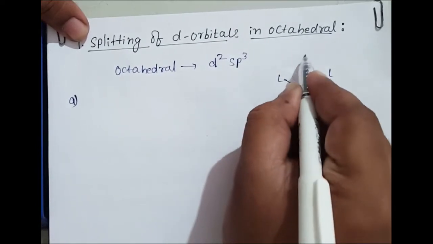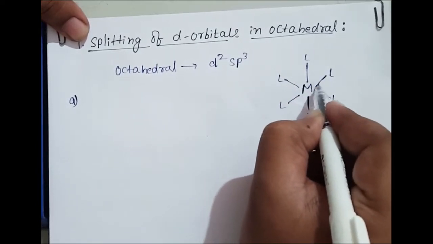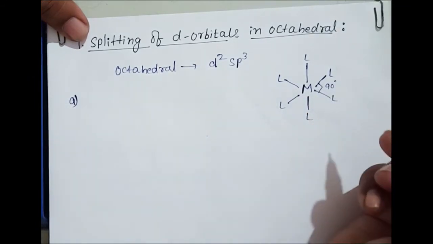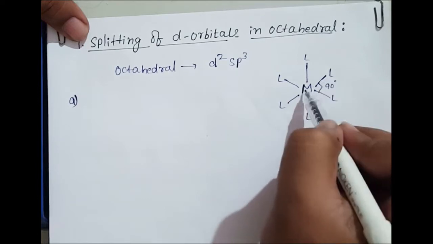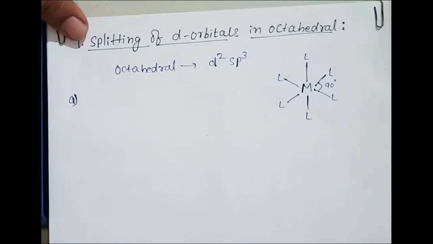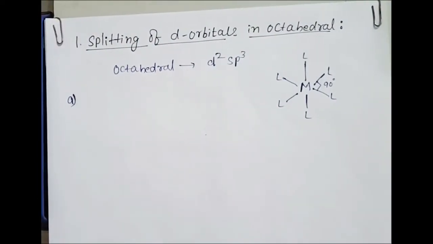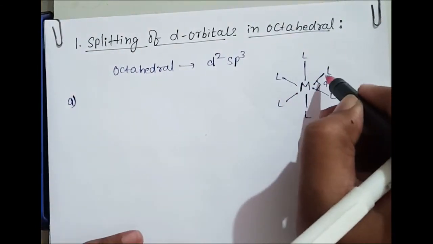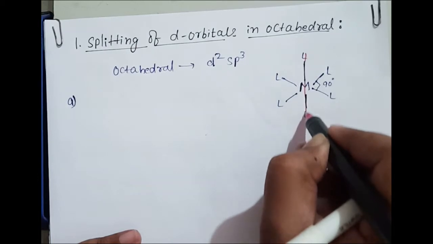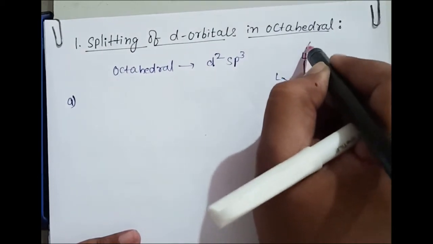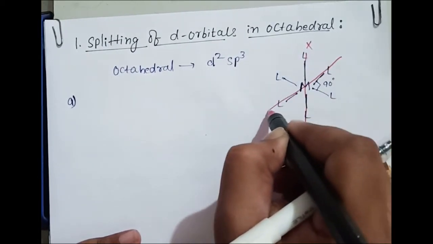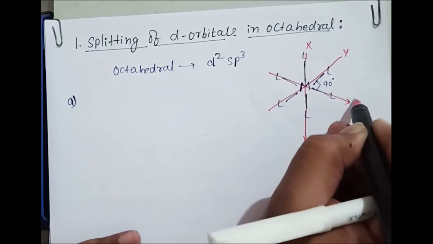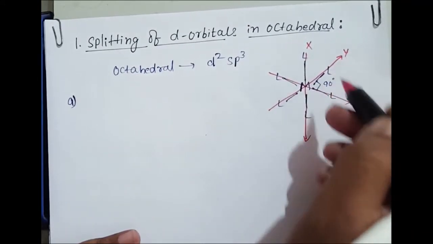Here what is the bond angle? Bond angle here, everything is 90 degrees, which means all are perpendicular to each other. If I consider this one as the x-axis, this one will be the y-axis, and this one will be the z-axis, because all are perpendicular to each other.